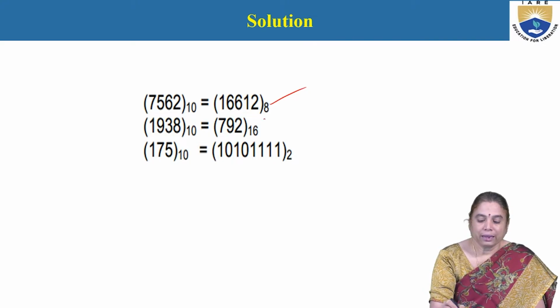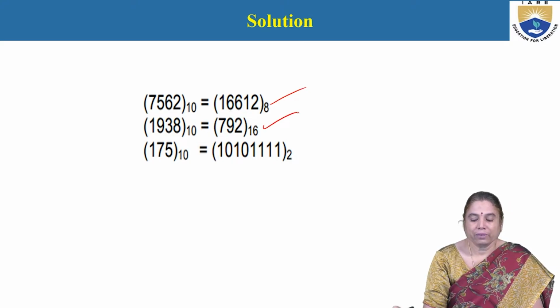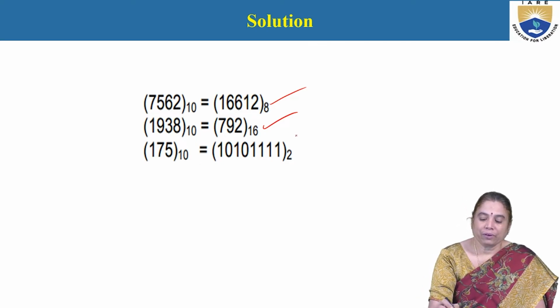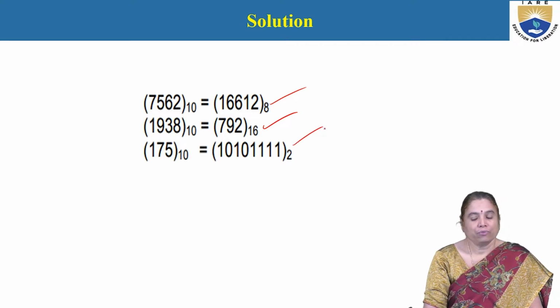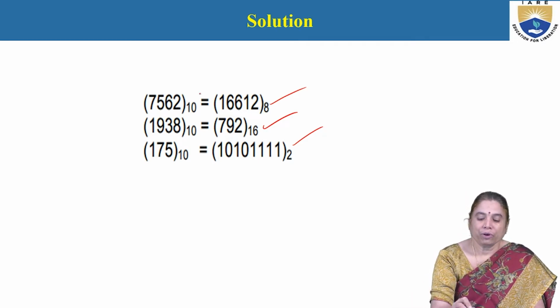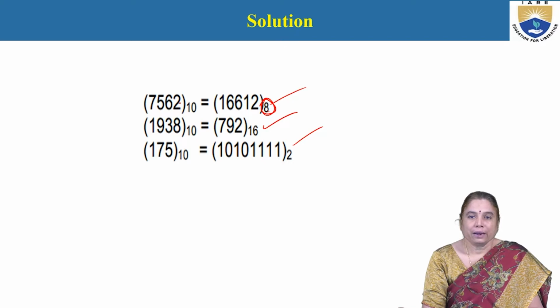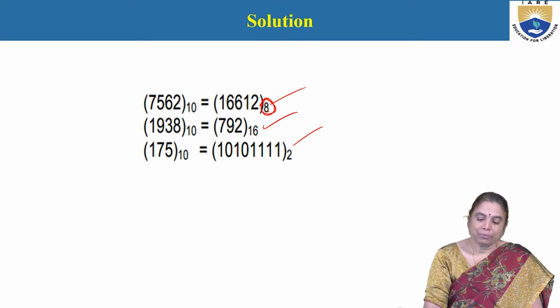And 1938 is converted, and 792 is the hexadecimal form. 175 is 10101111 in the binary form. So if you want to convert a decimal number into a particular number system with a given base value, the number is divided continuously and the remainders are written in bottom-up fashion.